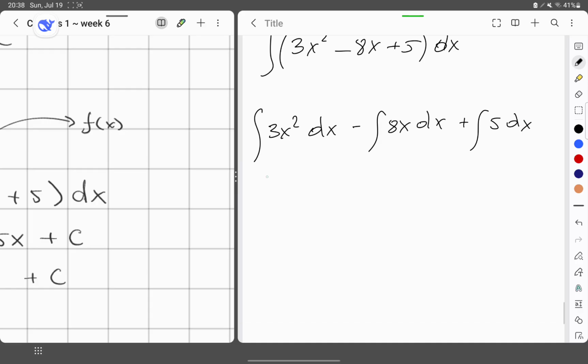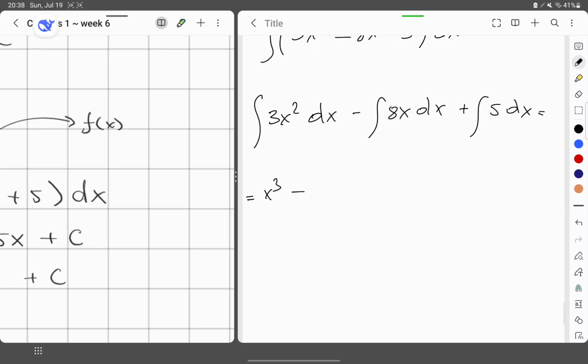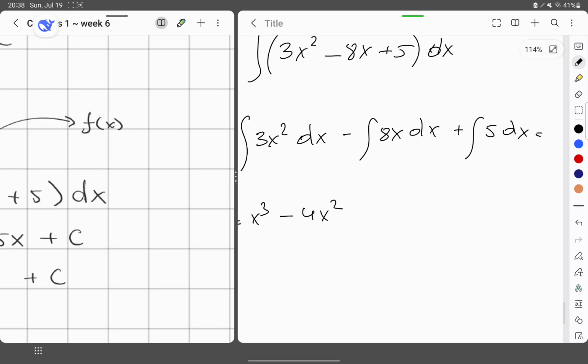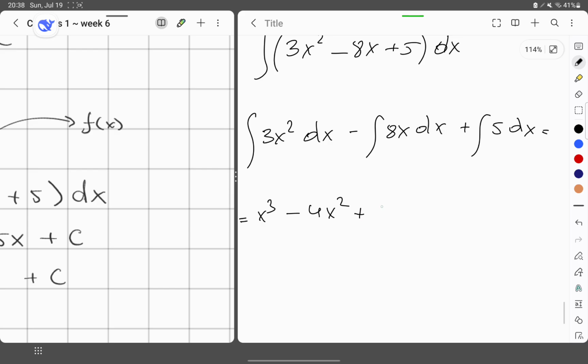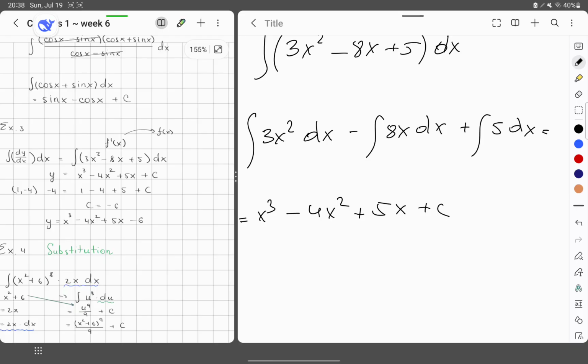It will be what? So 3 times x cubic minus 4x squared plus 5x plus c. Is that true or what?